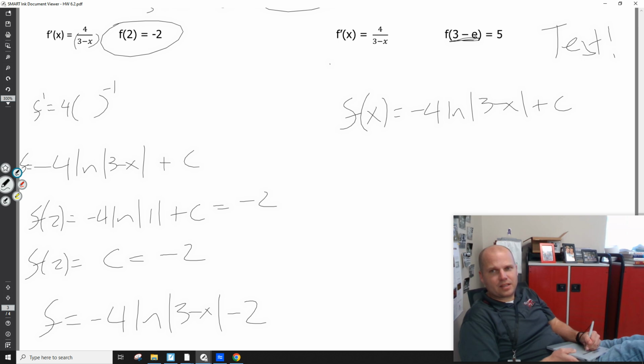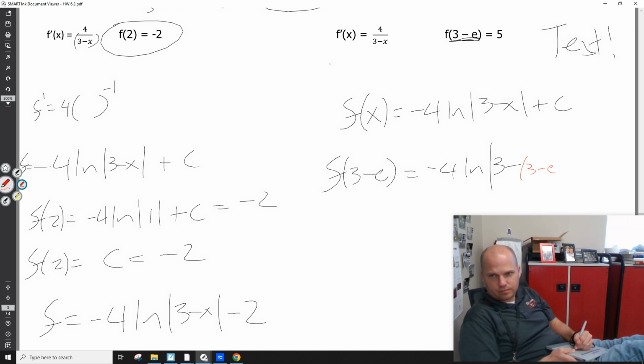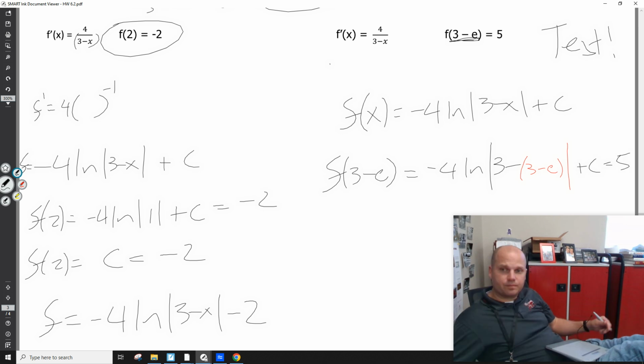But here I got 3 minus e equals 5. Subtract. It works out if you don't do this. What'd you get wrong? 3 minus e, and this plus c has to equal 5.